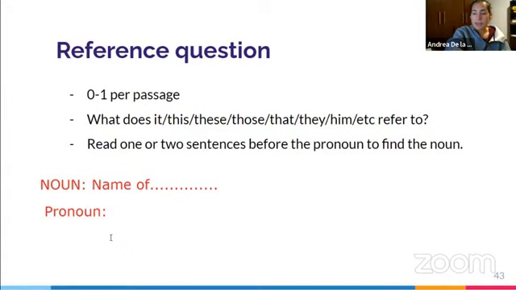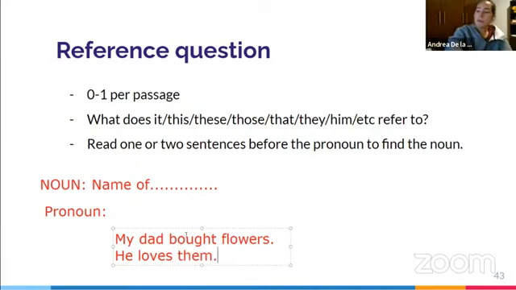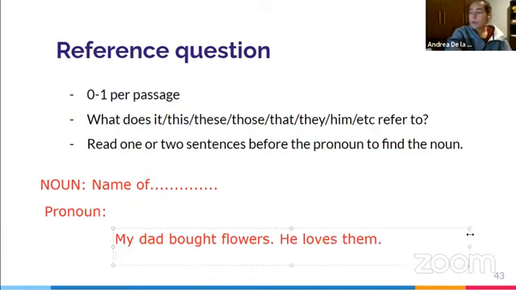So for example, I can say, my dad bought flowers. He loves them, right? In the first sentence, I have two nouns: my dad and flowers, because these are names of things.